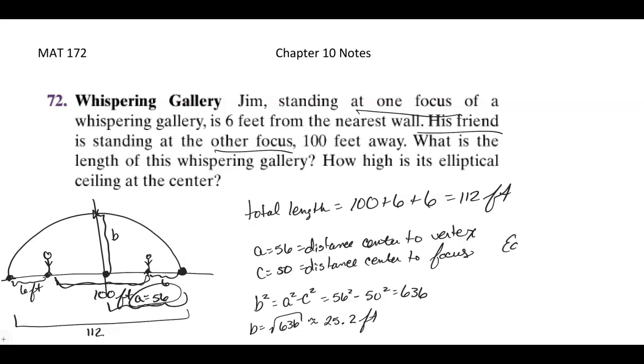If we wanted the equation, it would be x squared over 56 squared plus y squared over the square root of 636 squared is equal to 1.